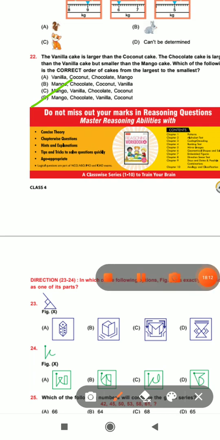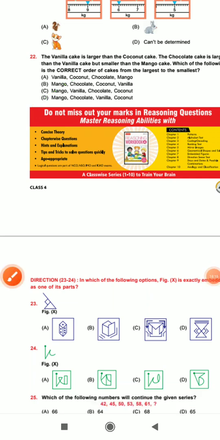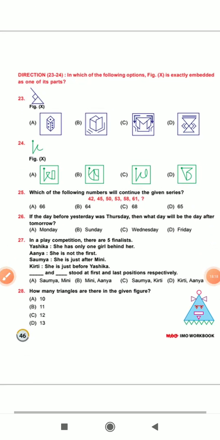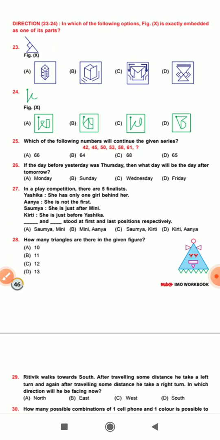Next I discuss question number 23. In which of the following options is figure X actually assembled as one of the parts? First you look at the picture. Option D is the same.